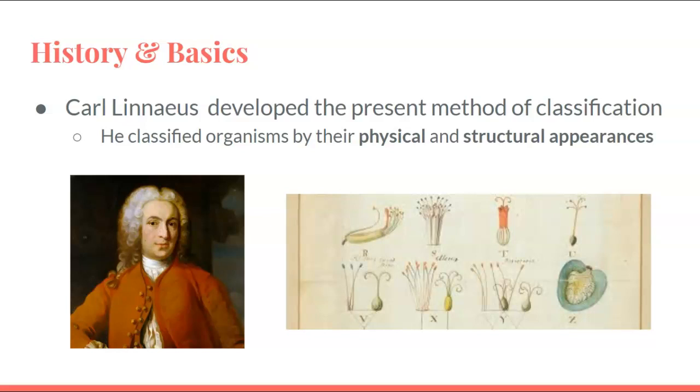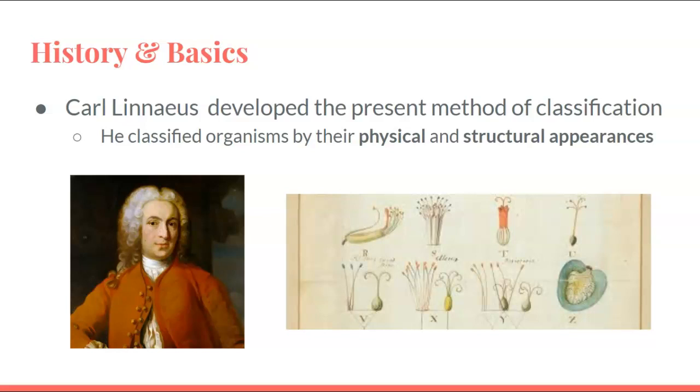Now, you're probably thinking, yeah, that makes sense. I mean, most birds look the same, but you wouldn't say that a penguin who can't fly is the same as a bluebird that can fly. So although they both have wings, which is a structural appearance, a physical attribute, they are not the same species.